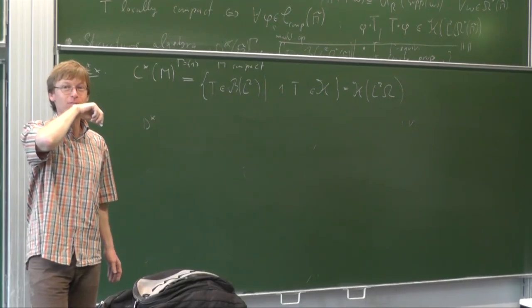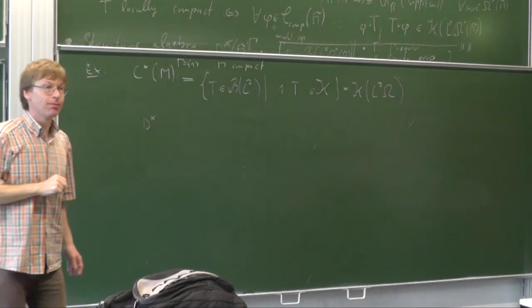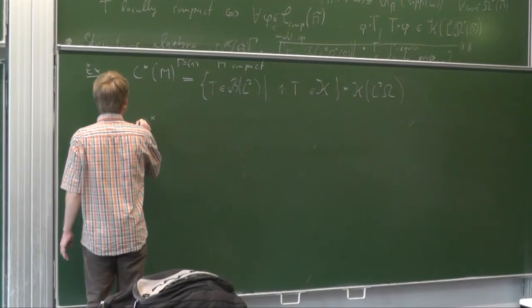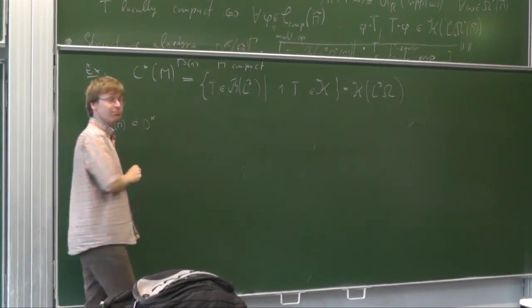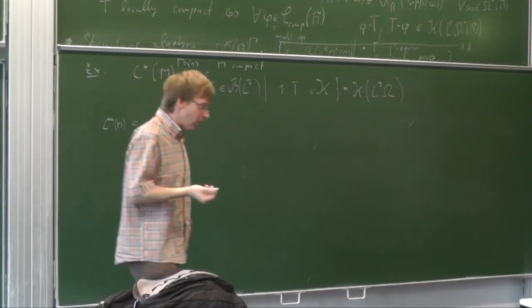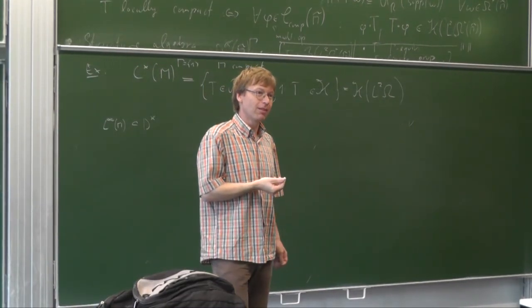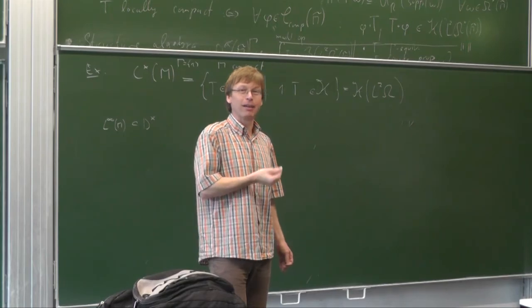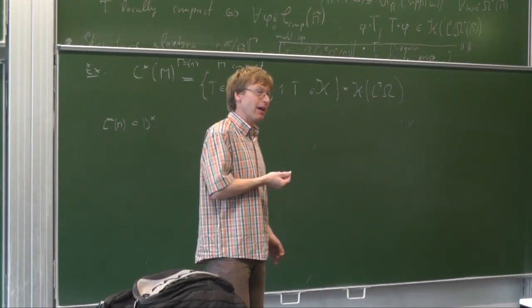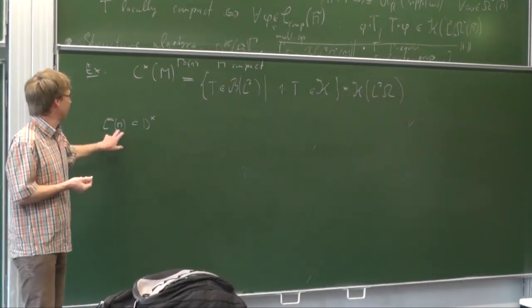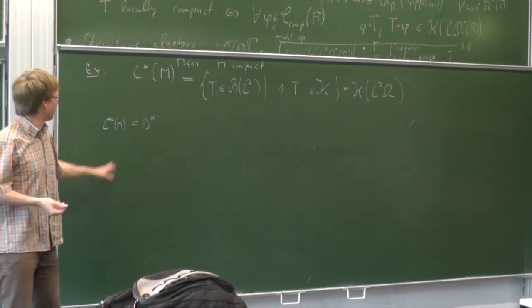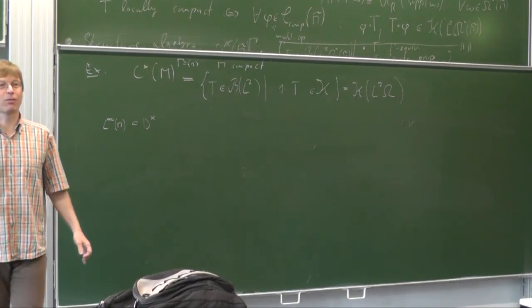Is it separable? No. It contains L infinity, because those operators commute with every multiplication operator, and they have propagation 0 because they're multiplication operators, and that is not a separable algebra. So if M is not a point, you're really getting something quite big.